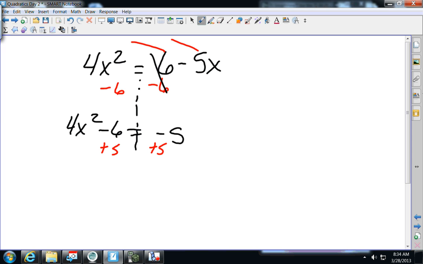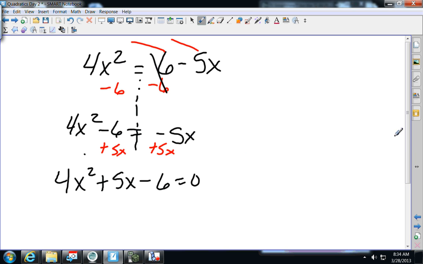And I end up getting 4x squared. Oh, I keep leaving the x off here. Let me slow down. There we go. I get 4x squared plus 5x minus 6 equals 0.